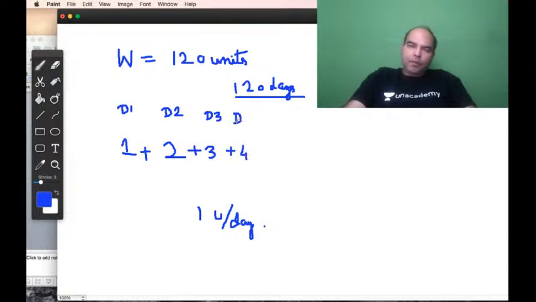So essentially you need to find the sum of the numbers till n such that the sum is 120 or more than 120. So you know the formula: n into n plus 1 by 2 is equal to 120.